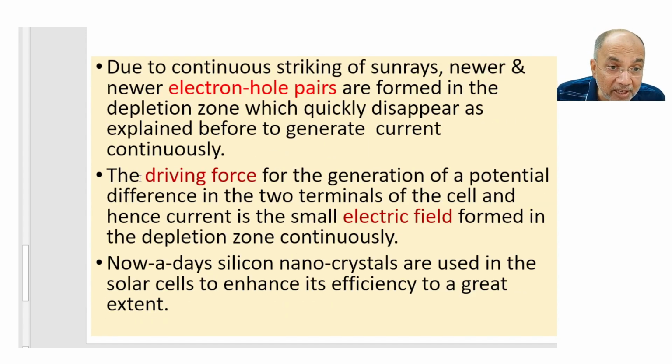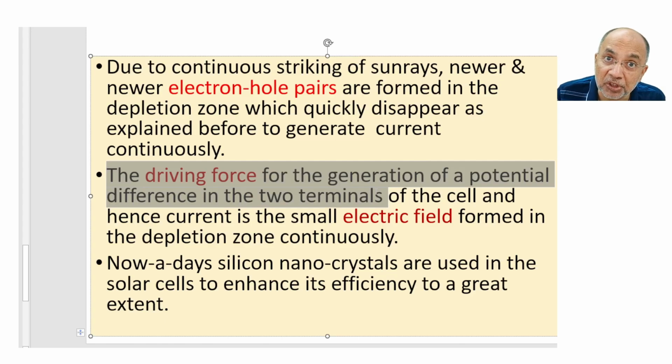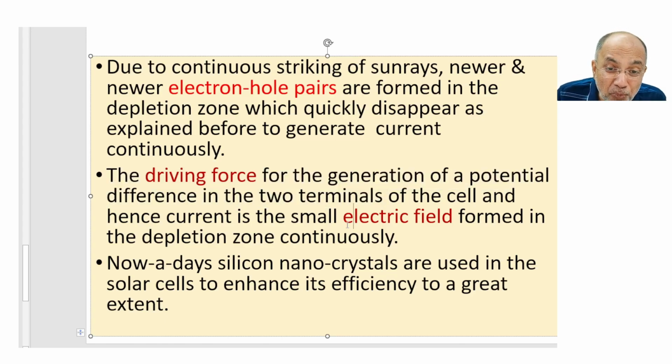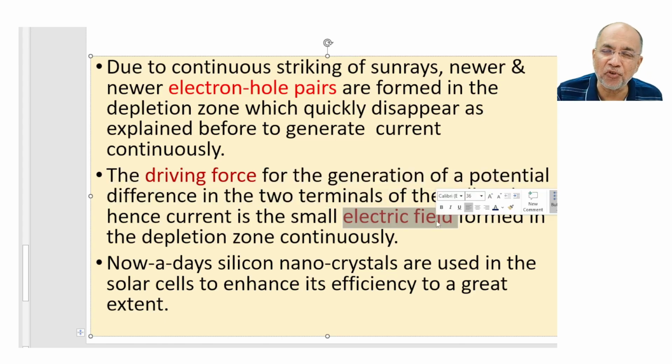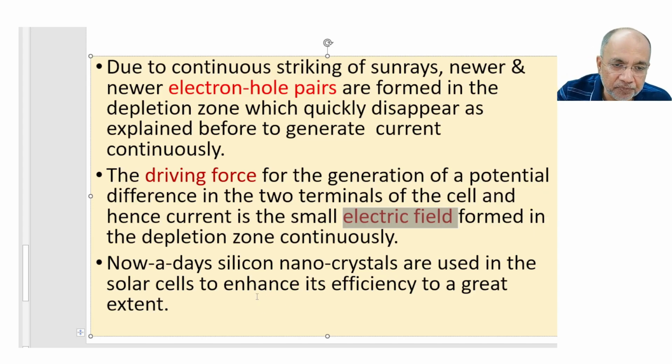So the real driving force for this formation of potential difference is the small little electric field which is formed in the depletion zone, so that there is no charge carrier. Then only the sunlight will have its miracle, its magic, knocking out an electron from each silicon atom. And nowadays nanocrystals are used. We will talk about the nanotechnology in a separate lecture.